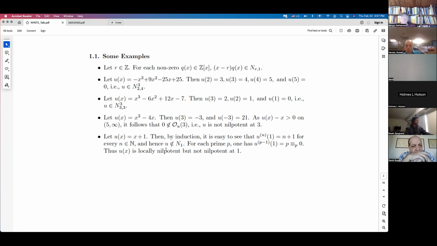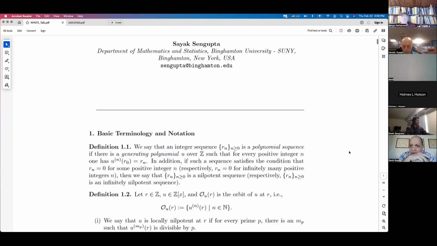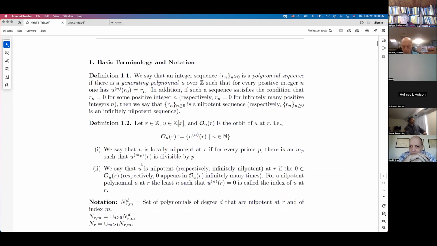And finally, this example is interesting because it is telling us that, well, okay, maybe I can go back here. So one thing is clear, that if u is nilpotent, then it is locally nilpotent because you are having 0 in the orbit.